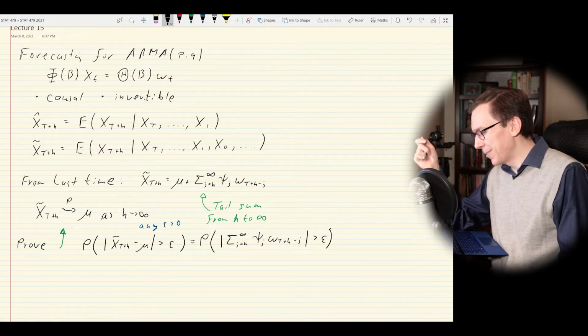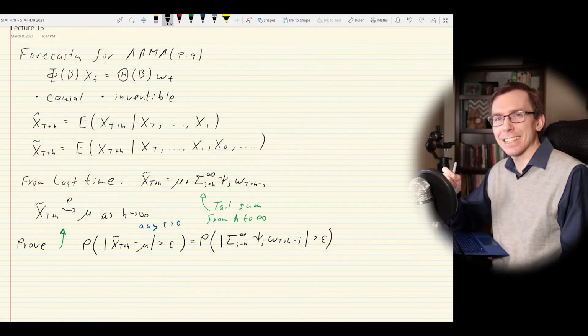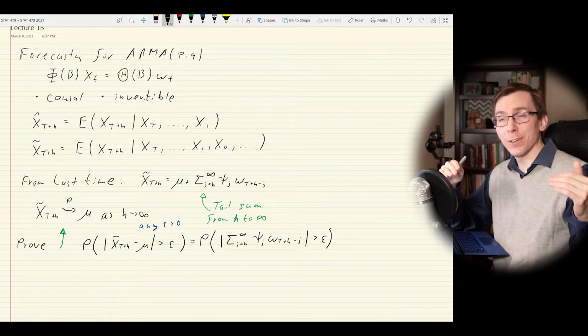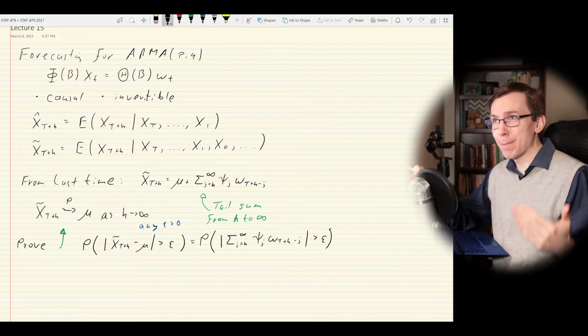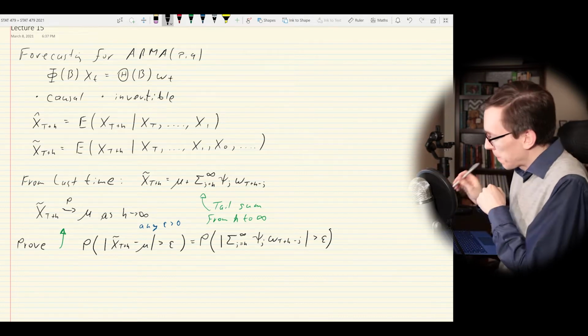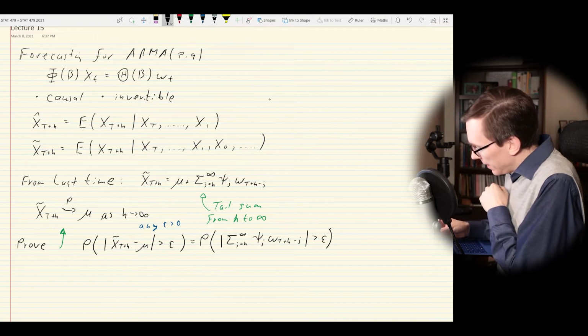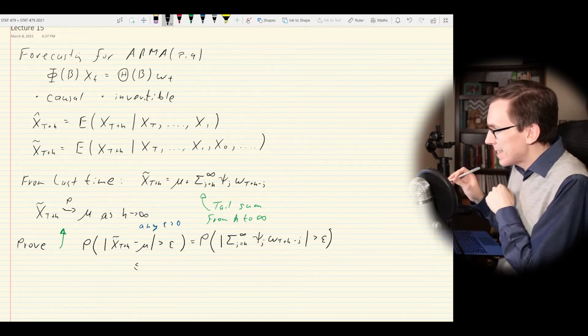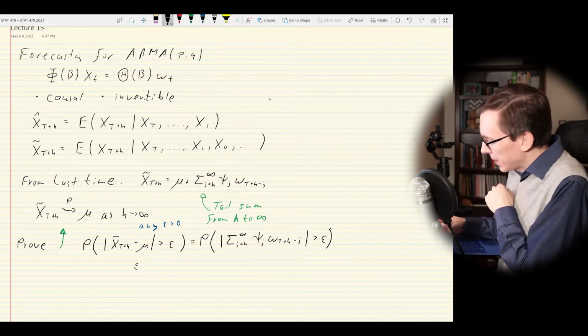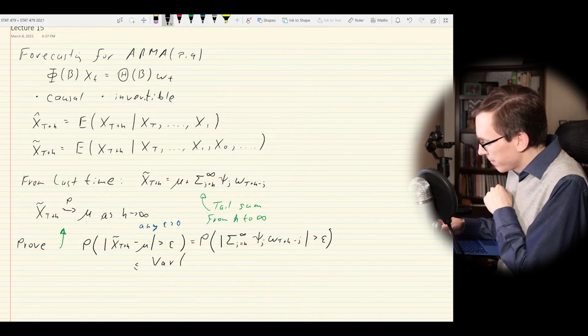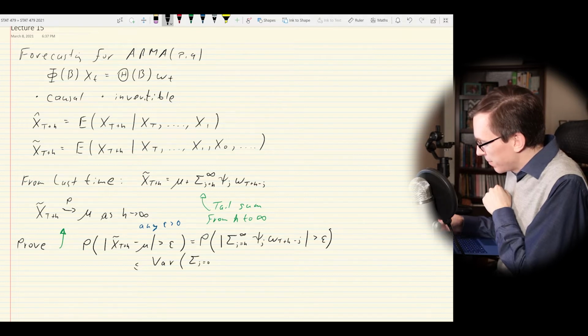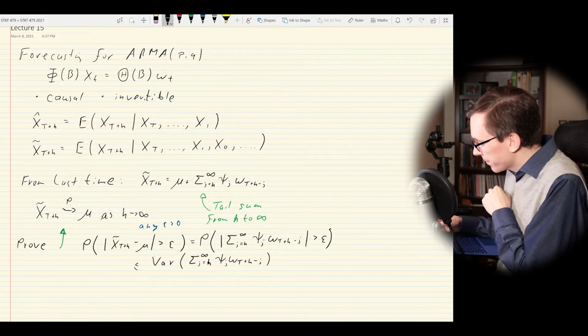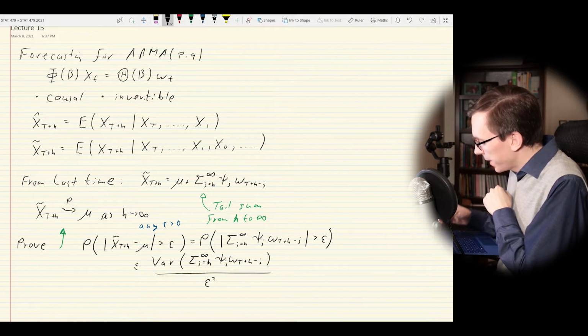But we need to make it more precise in the case of random variables, because this isn't just a series with real-valued summands. It's a series with random variables. And what we can do is apply the Chebyshev inequality. That says this probability is bounded above by the variance of the thing in the probability statement, the sum j from h to infinity of psi j w sub T plus h minus j, divided by epsilon squared.